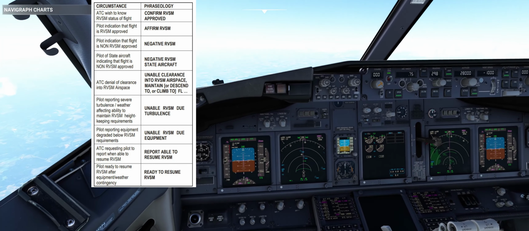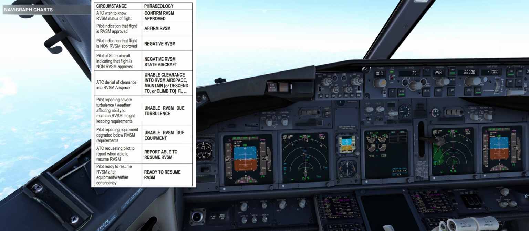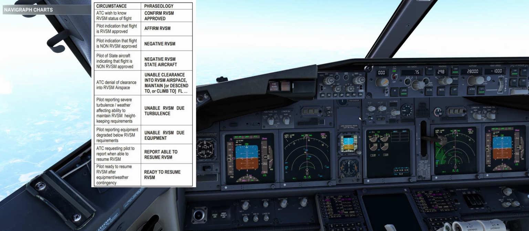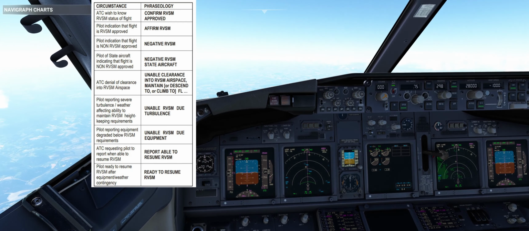or let's say you have problems with your autopilot flight director systems, so you need to fly the airplane manually.